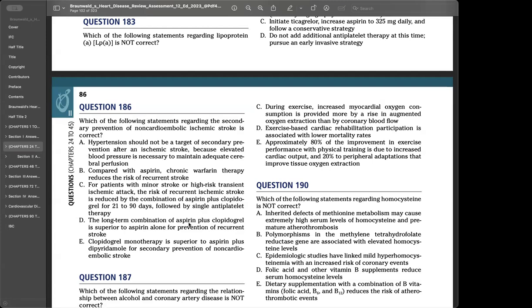So the duration for use of dual antiplatelets after a stroke should be between 21 to 90 days before switching to single antiplatelet. So for this question, option C is the correct answer: dual antiplatelets for 21 to 90 days, followed by single antiplatelet therapy.